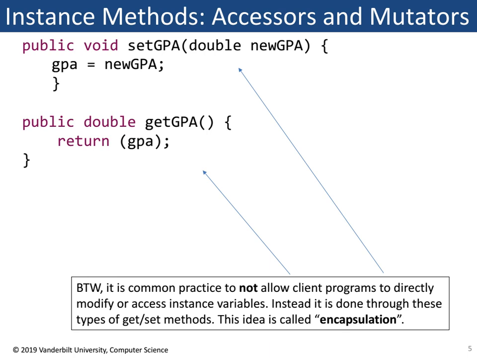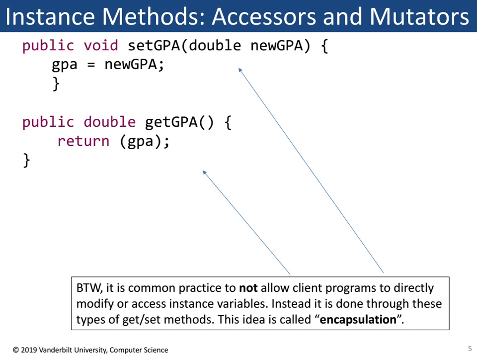So we've reviewed the accessor and mutator methods. It's important to remind here that for each instance variable, we should have an accessor and a mutator. So we have this instance variable called GPA.